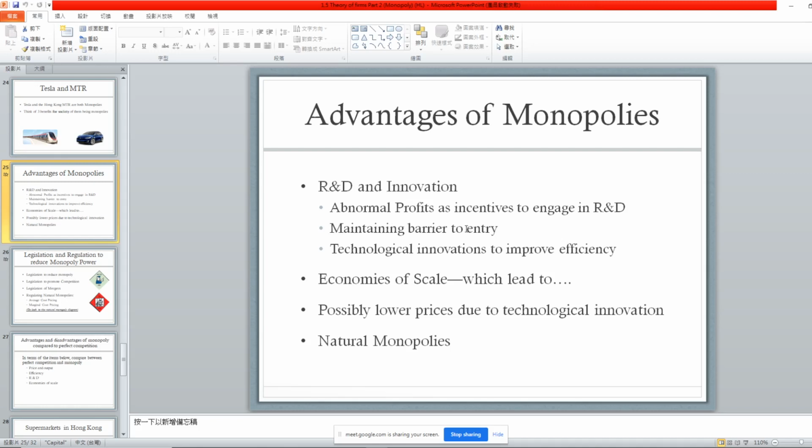Optimistically, things become more efficient, the quality becomes better, and in the end the consumers may get the benefits, because when you have high efficiency, usually the price will go down.